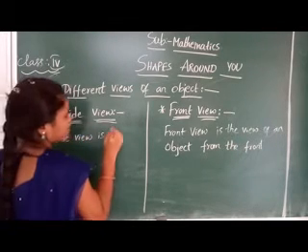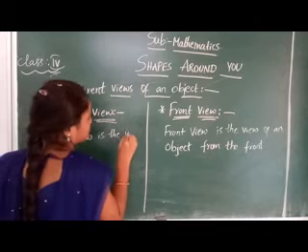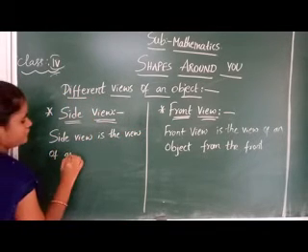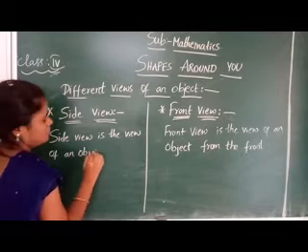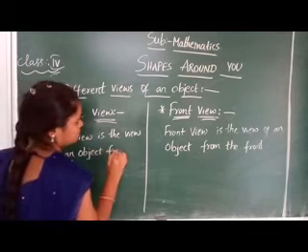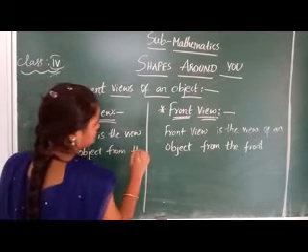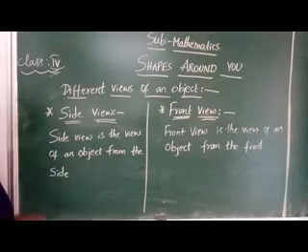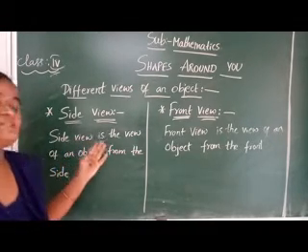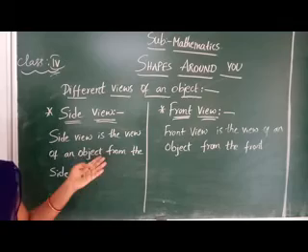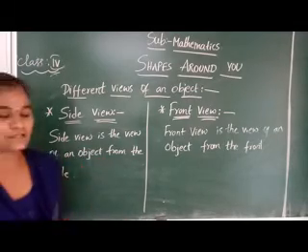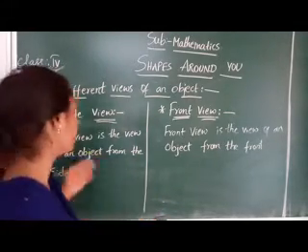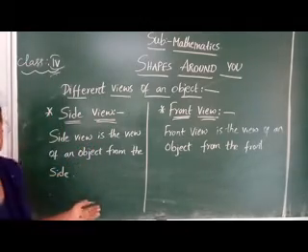Side view. Side view is the view of an object from the side. Suppose you see that object from the side. Okay, side view is the view of an object from the side.